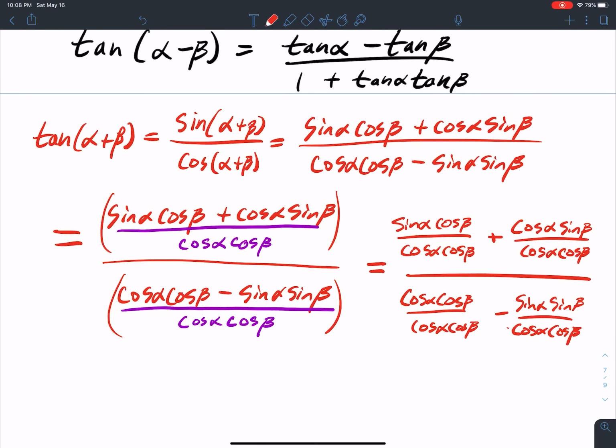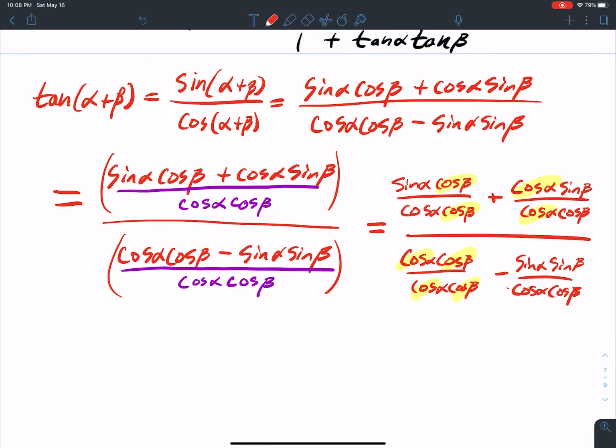Now, why do this? Well, cosine betas cancel here, cosine alphas cancel here, a lot of canceling going on. What does this become?